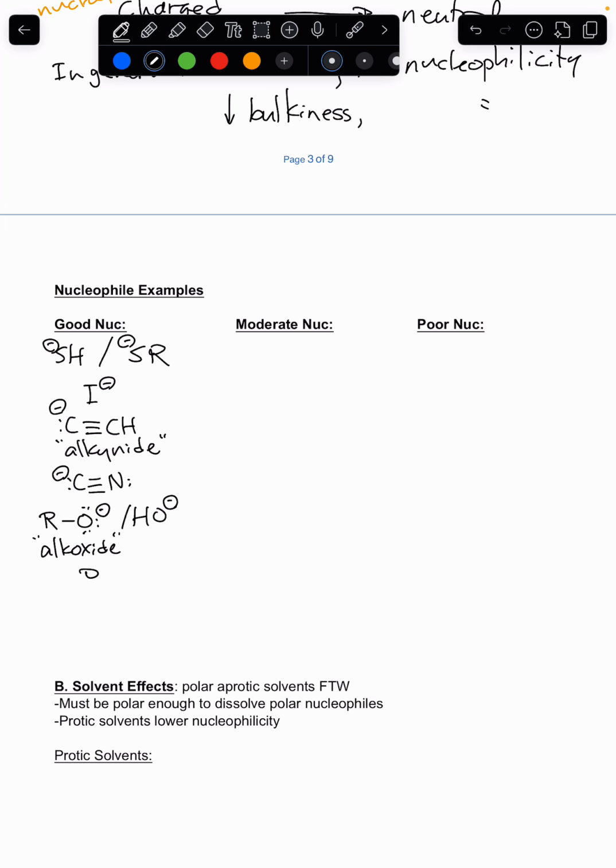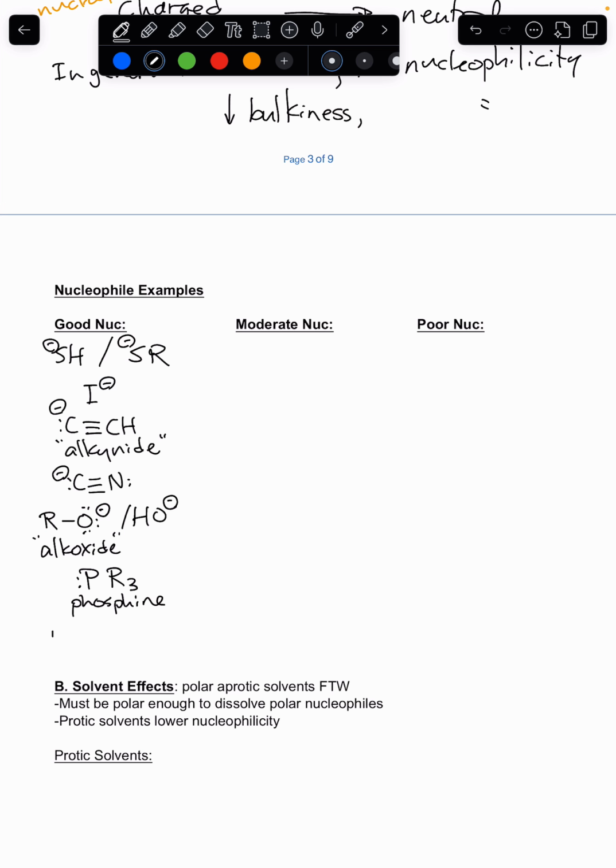And then, you might not expect this, but neutral phosphines are pretty nucleophilic because, again, phosphorus has a lone pair. It doesn't have a negative charge, but at least it's very polarizable. It's a fairly big atom.